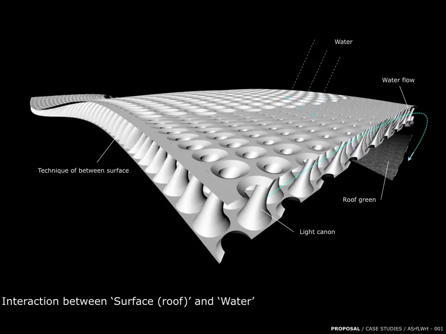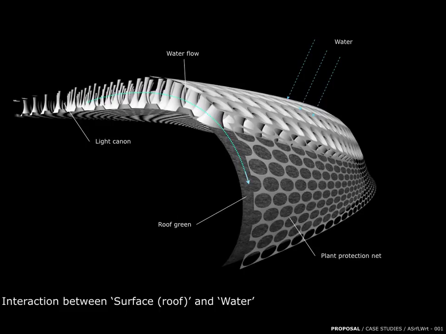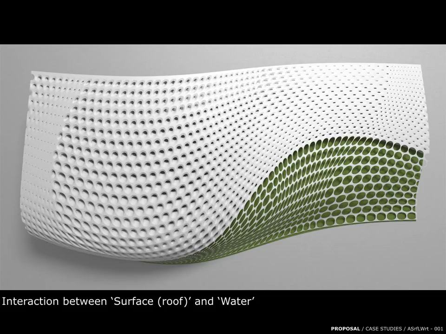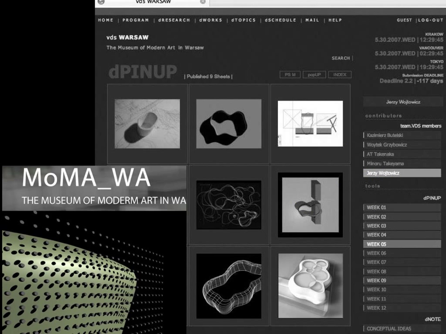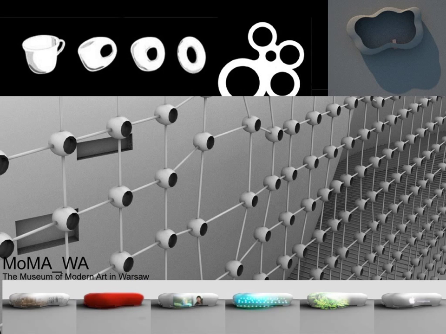This was kind of creating a surface which was responding to environmental controls. I will not go into detail into this project, but you see the complexities and opportunities emerging in the process. We utilized some version of it in our unsuccessful competition entry for Museum of Modern Arts in Warsaw.